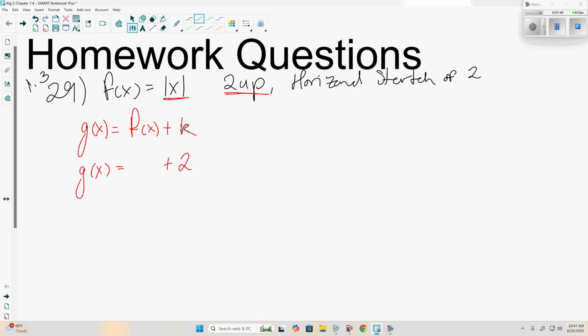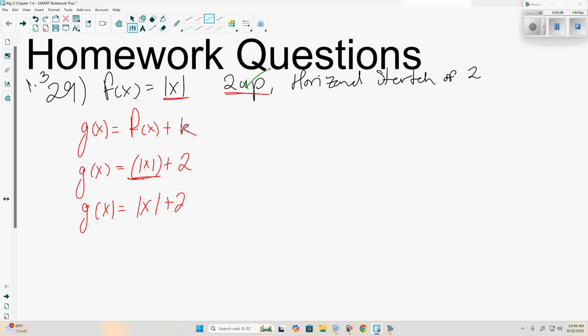Now, f of x is still just the absolute value of x. Since there's nothing in front of the absolute value, we can drop those parentheses. Questions about our first transformation, up 2?